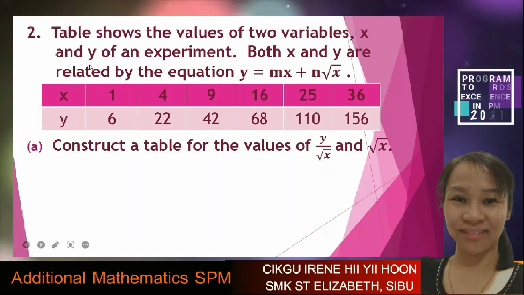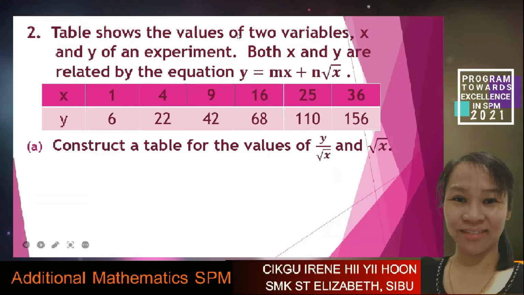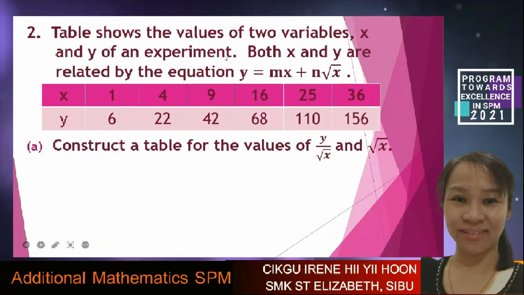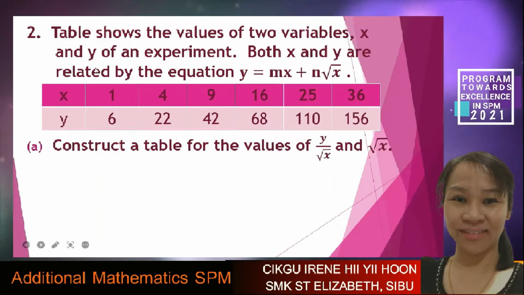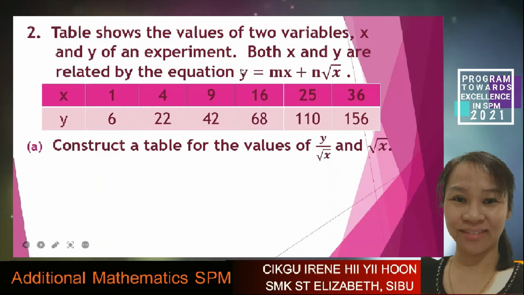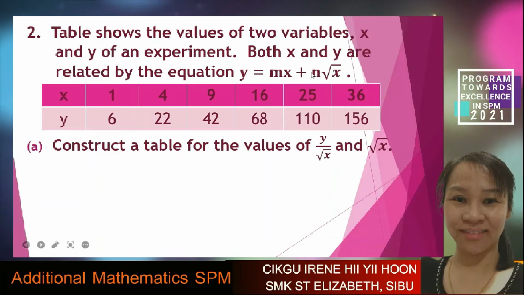Now let's look at question number 2. The table shows the values of 2 variables x and y of an experiment. Both x and y are related by the equation y equals mx plus n square root x.